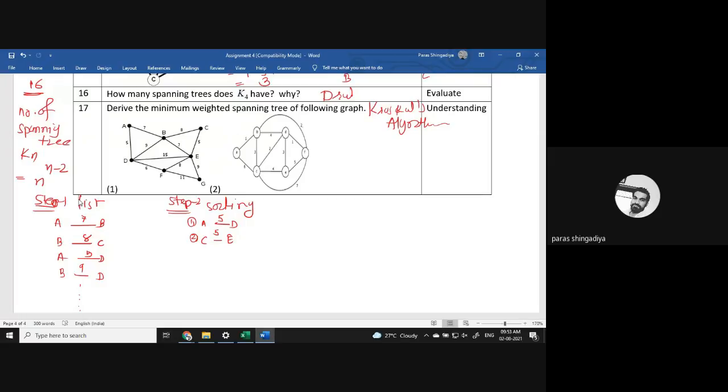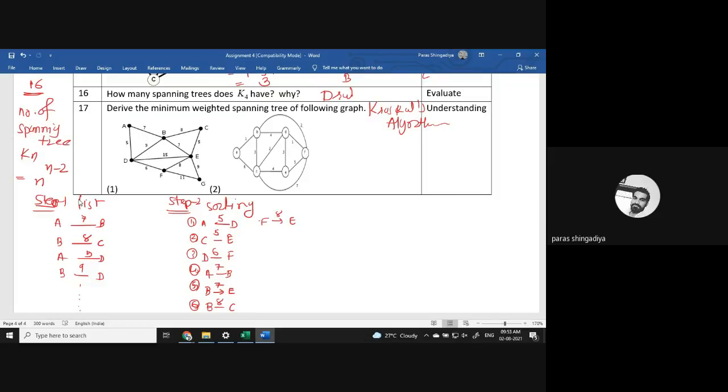Then after 5, the weight 6 is between D to F. That is weight 6. 6 is only 1. Okay, then after that 7: the 7s are between A to B, that is 7, and B to E, that is also 7. And then the 8s, so there are 2 plus, B and C, that is weight 8, and then F and E, that is also weight 8.